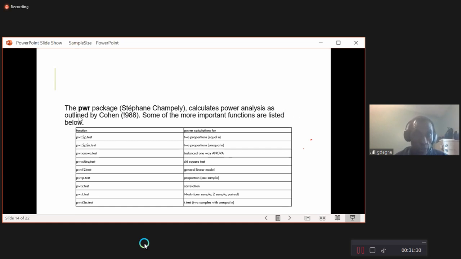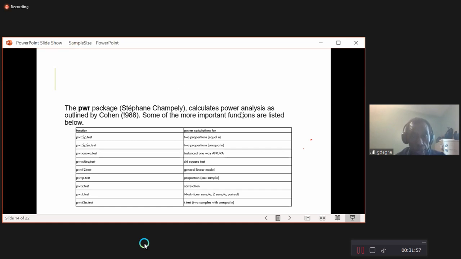There's the pwr package that, right now, if you have a computer, you can download, and then we can work together if you have time. You can Google this pwr package and then open R and install it.